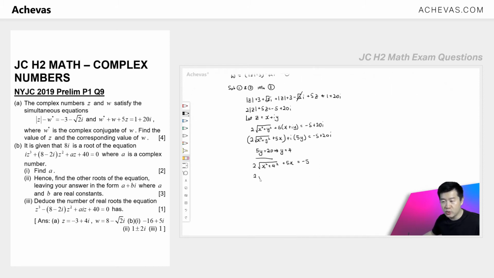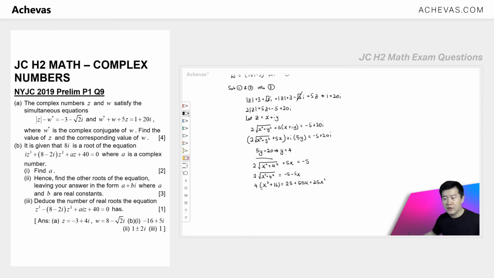So I have 2 square root of x squared plus 4 squared is equal to minus 5 minus 5x. Let's square both sides. So 2 will become 4. Then this will be x squared plus 4 squared. I should have let it be 16 from the very beginning. So this is equal to 16. Squaring this is going to be 25 plus 50x plus 25x squared.